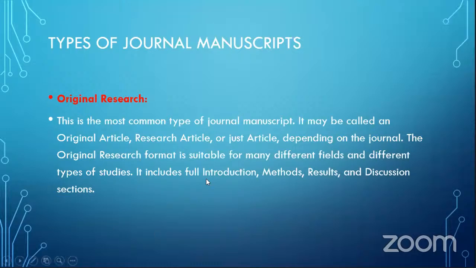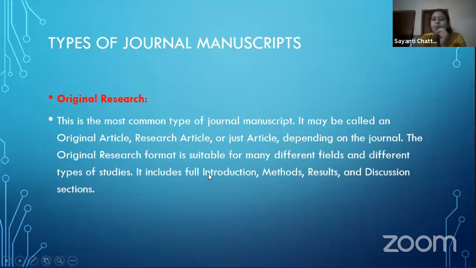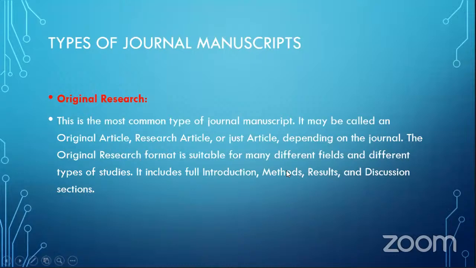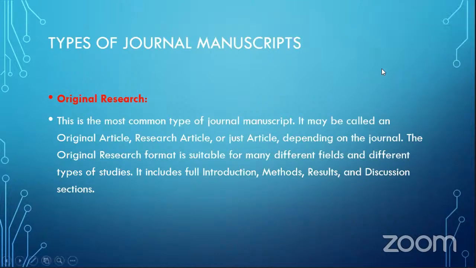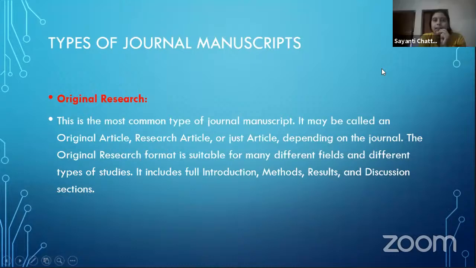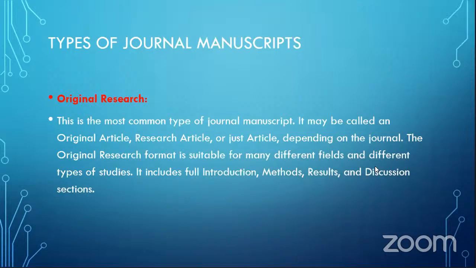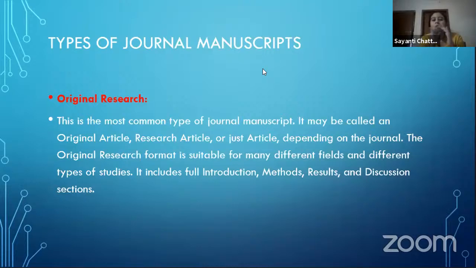Apart from abstract, it should have introduction, which includes the literature survey, methods, results, and discussion section. So we can tell the original paper is the total complete idea of your research on any specific topic.